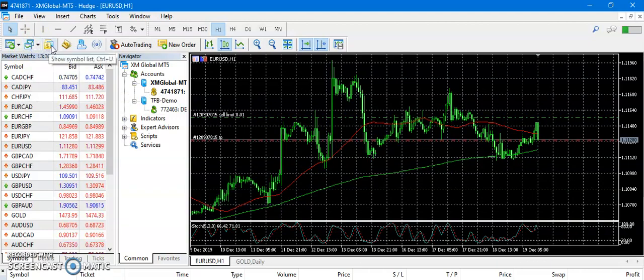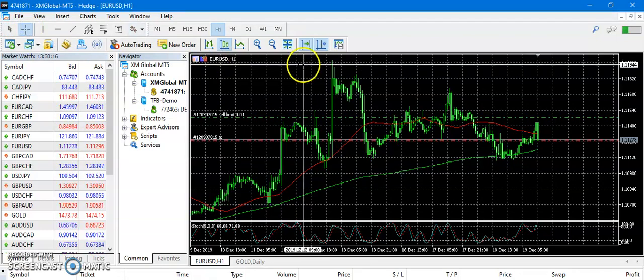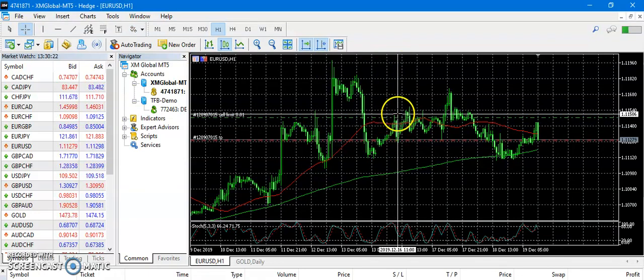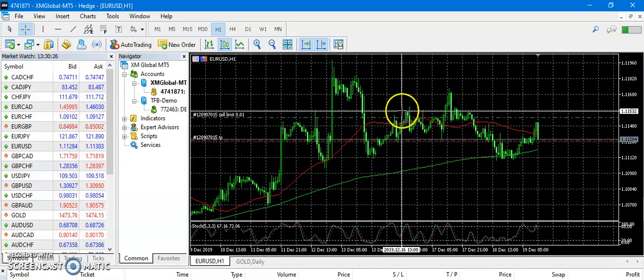You have the cross icon, this crosshair. This one is actually your cursor. The crosshair, when you click on it, you can bring it up to your charts. Then you can use it to determine different points on your chart. You can see on your right hand side, it's showing the market price.